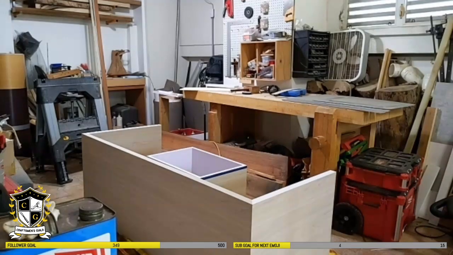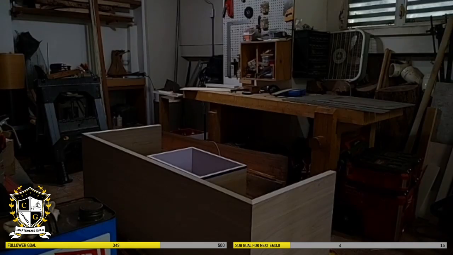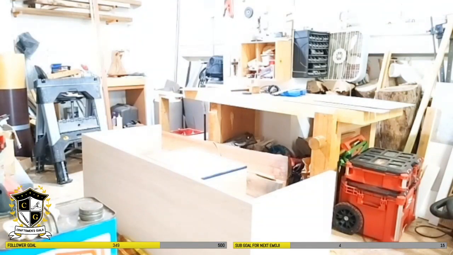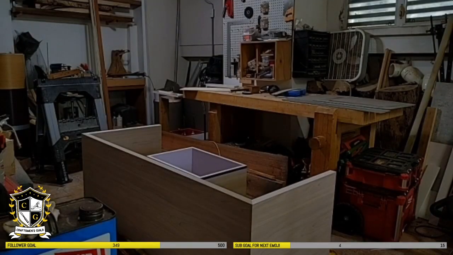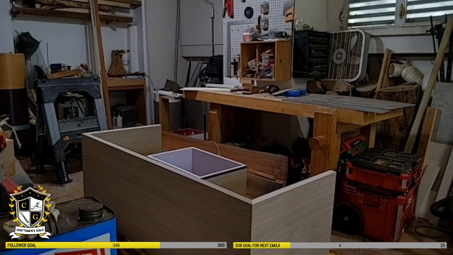Just keep it at 231 ISO. Sorry for the weird color changes here. Trying to set the ISO to 100, make sure it's not grainy.